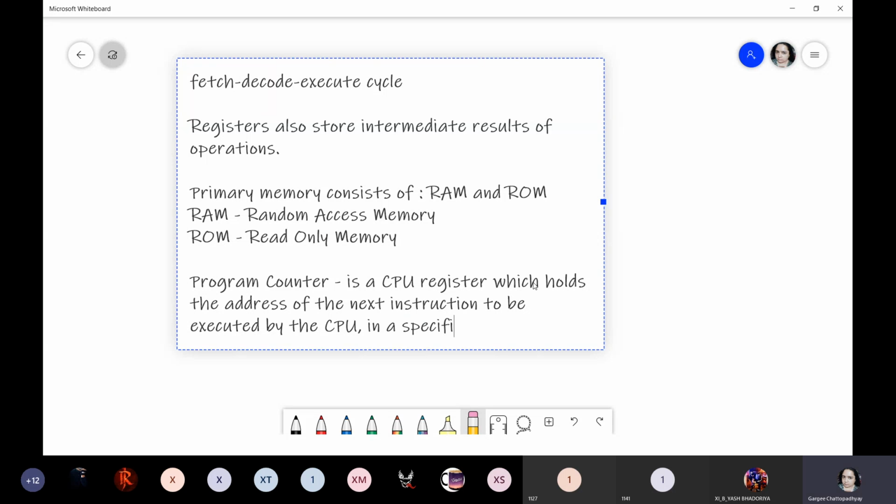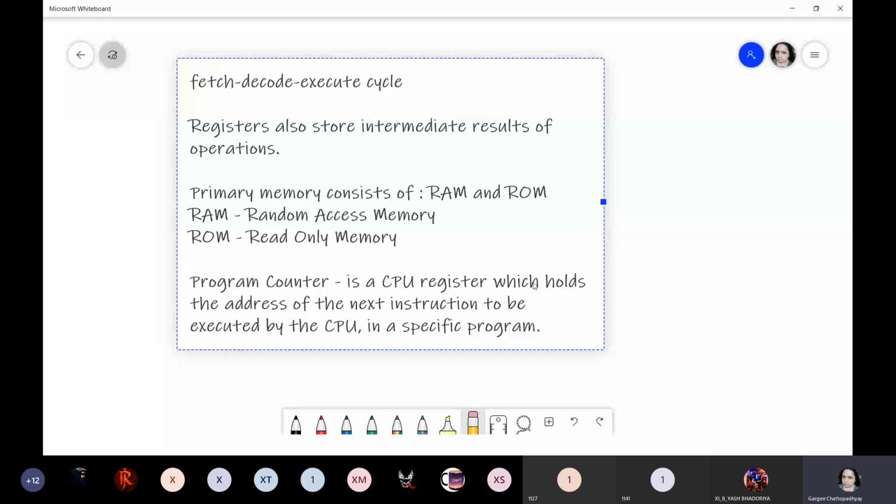While a program is being executed, you all know that programs are a collection of instructions which we give to the CPU to perform some task. That is why the program counter will always point to the next instruction which is to be executed.